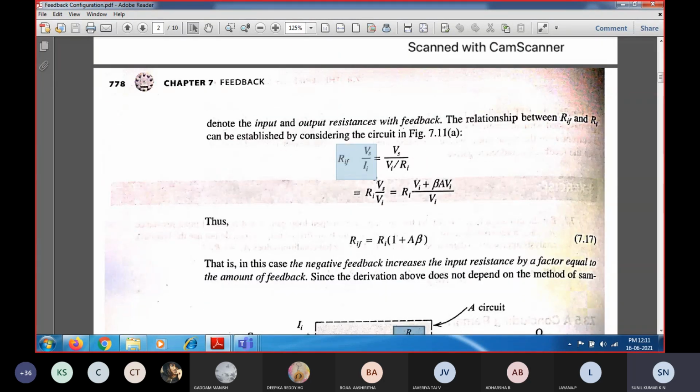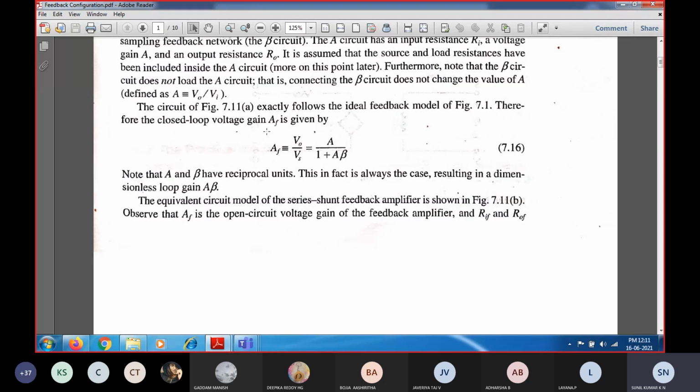What is the expression for input resistance? Before that we should know what is the gain for this feedback. Since it is a negative feedback, already in the first chapter, the feedback chapter's introduction, we have calculated the gain expression. That is nothing but A over 1 plus A beta. It is not going to change.